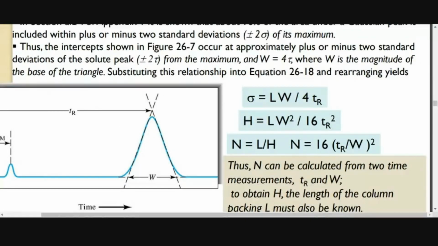This tau is considered as the sigma for this particular peak; the deviation is represented by tau. We saw what tau is last time. And W is equal to 4 tau, where W is the magnitude of the base of the triangle, or the width of the base of that particular triangle.